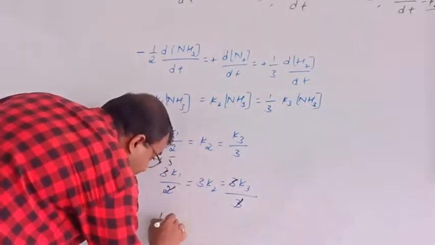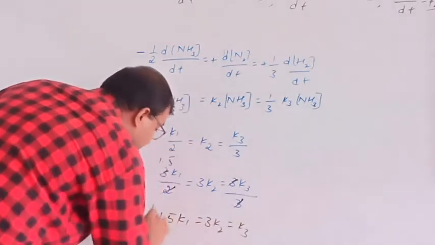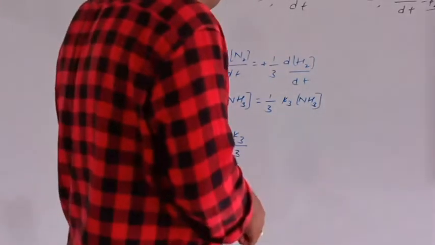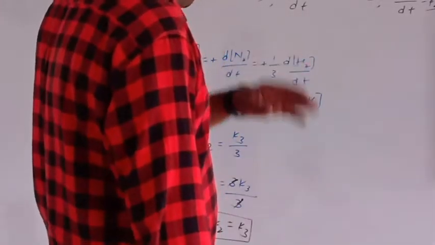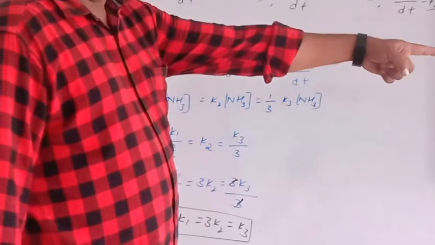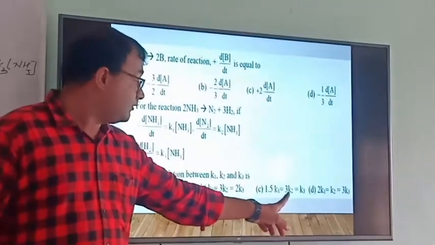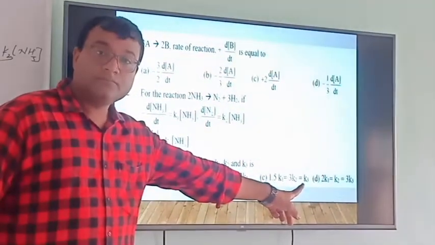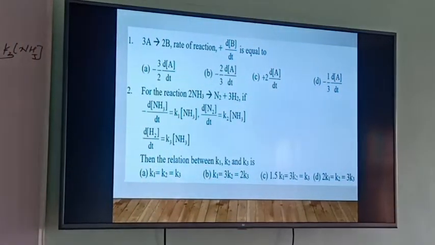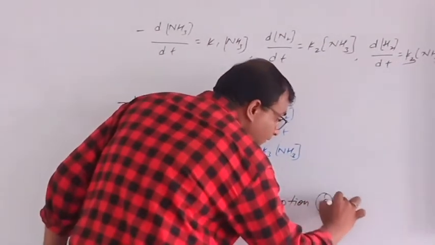The final thing is that 1.5K1 is equal to 3K2 is equal to K3. So this is the option. Straight away you can see option 1.5K1 is equal to 3K2 is equal to K3, so option C is correct.